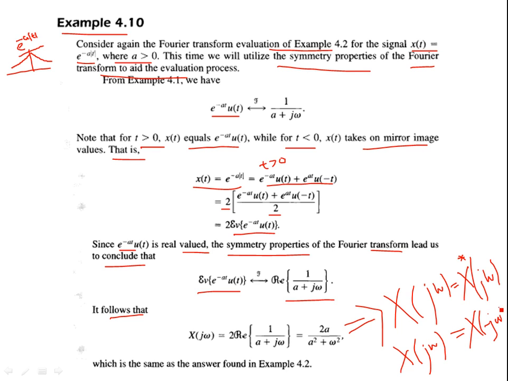So for a real valued signal, the Fourier transform is conjugate symmetric, but for a real and even signal, the Fourier transform is real and even. That's the point here. If x(t) was an odd function in t, then the Fourier transform would have been purely imaginary and an odd function in ω. So that's it.